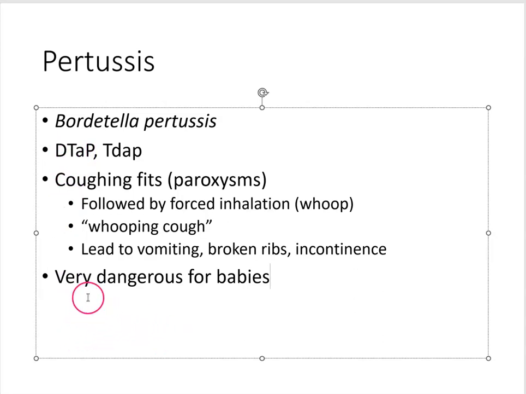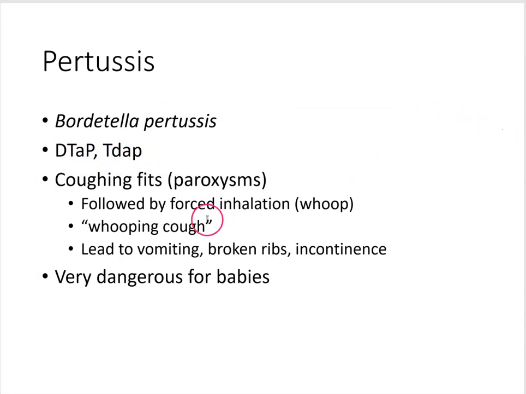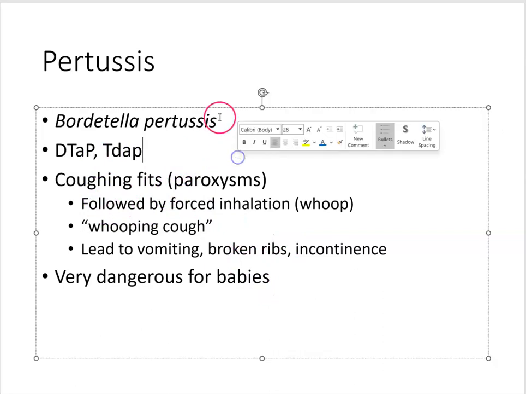But very young children don't really have good adaptive immune responses. And so this is why anyone who lives in a house with a very young baby should get up to date with their pertussis vaccination. So we don't want to pass this on. So this is vaccine preventable.